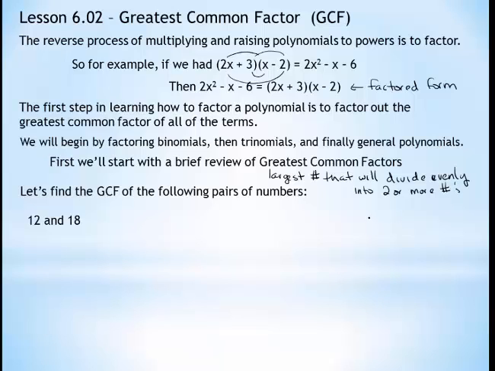Okay, so it's the largest number they have in common, hence the common factor. So we look at 12 and 18, 24 and 48, or 27 and 36. And we'll find the greatest common factors of these pairs of numbers to start. So let's start with 12 and 18. We can use a list of factors, or we can use a factor tree.